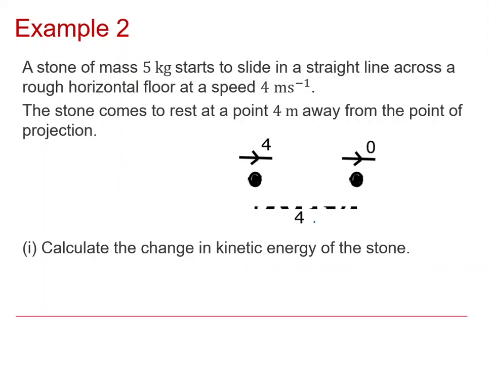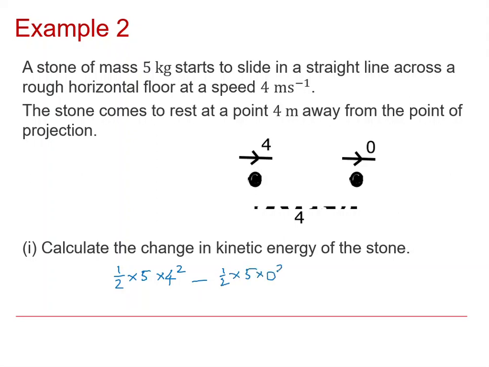You've got a picture there which represents the kinematics, 4 meters per second to start with, 0 finally, and the distance travelled is 4. So the change in kinetic energy is the initial kinetic energy, which is half times 5 times 4 squared, minus the final kinetic energy, half times 5 times 0 squared.